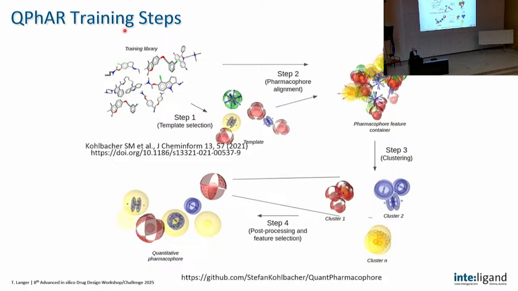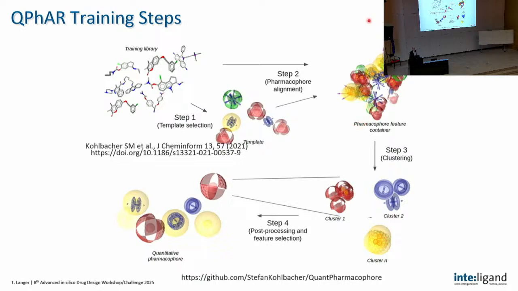You have training steps, like 4 training steps here. First, you have the training library to select a template out of this, which must be the most rigid, most active molecule, obviously. Then in step 2, you align all the possible pharmacophores of all other ligands.